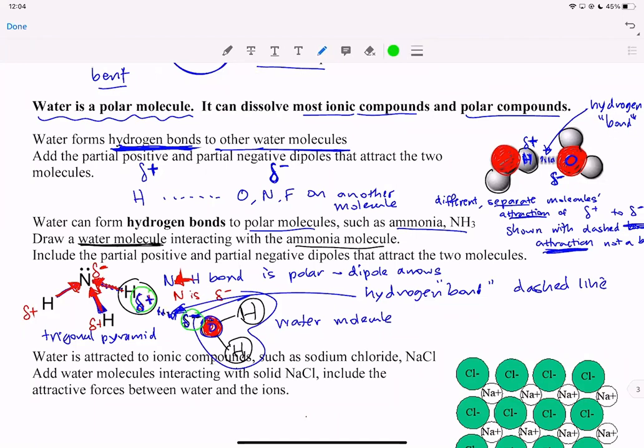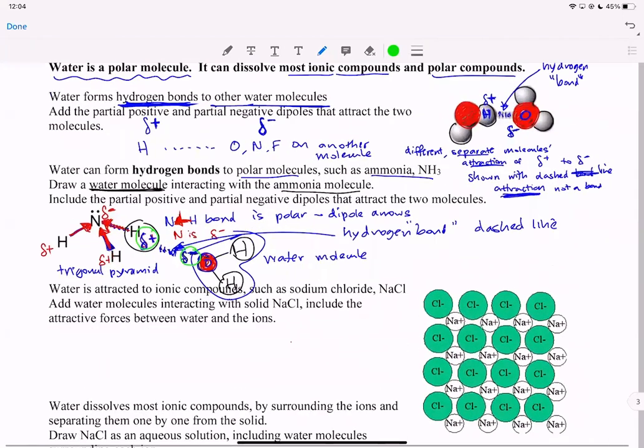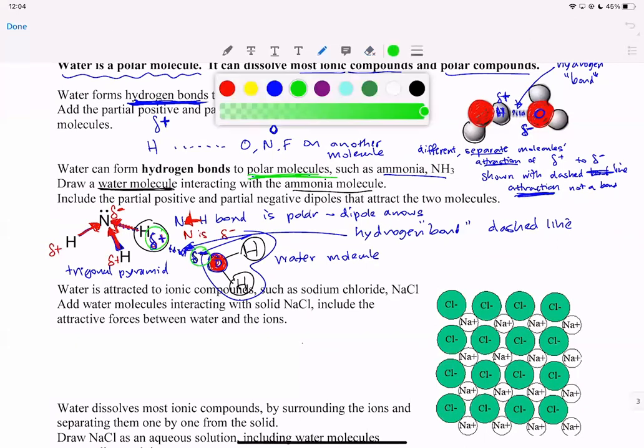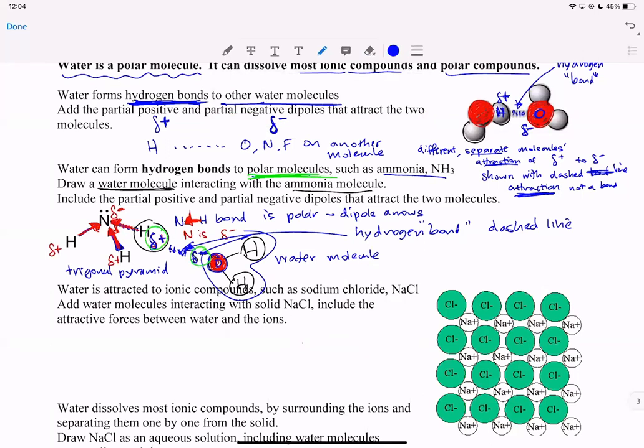molecule. Okay, and so when you have water, it is attracted to other polar molecules. It is the partial positive of water to the partial negative. And this is going to add also, let me add here, the partial negative of this molecule.